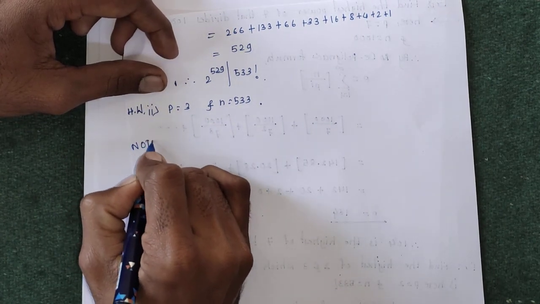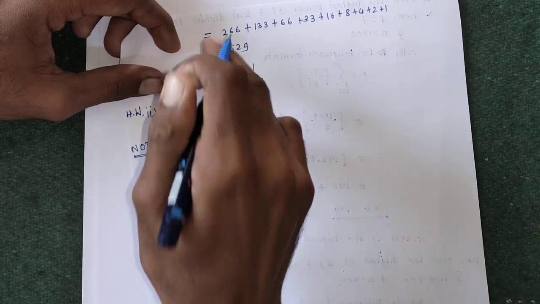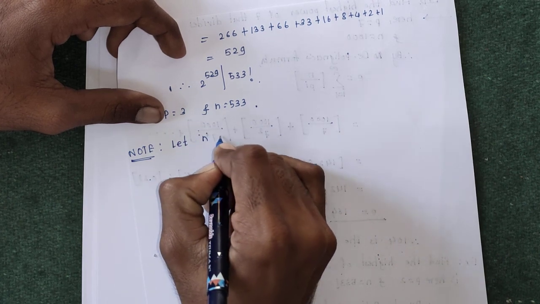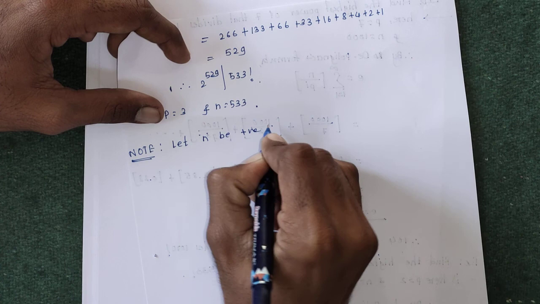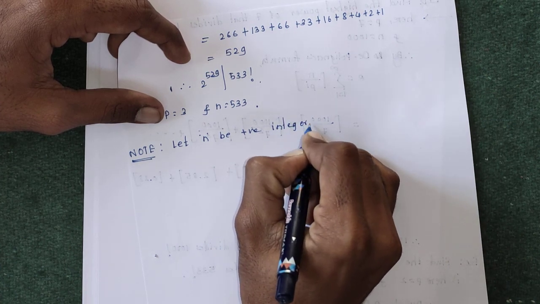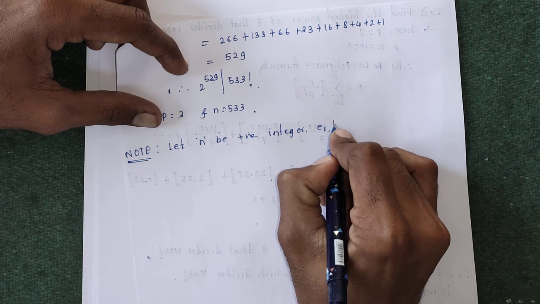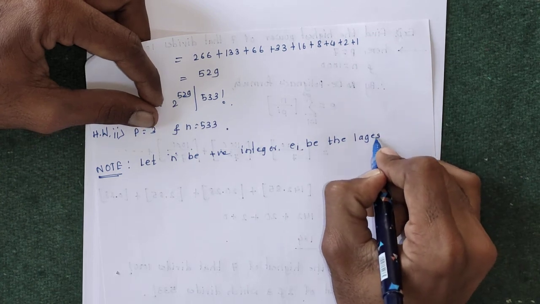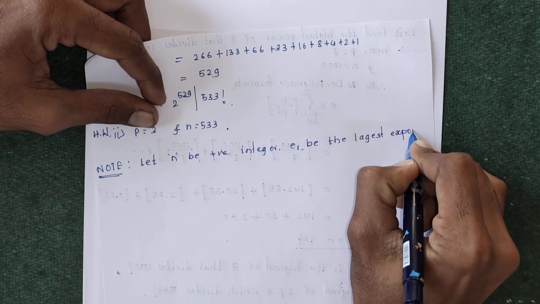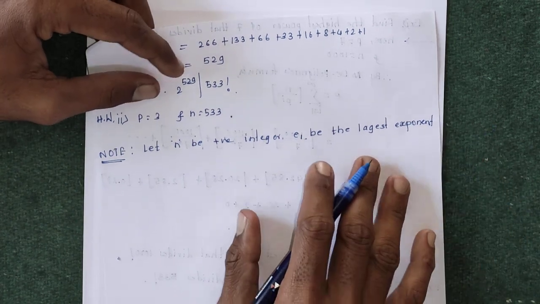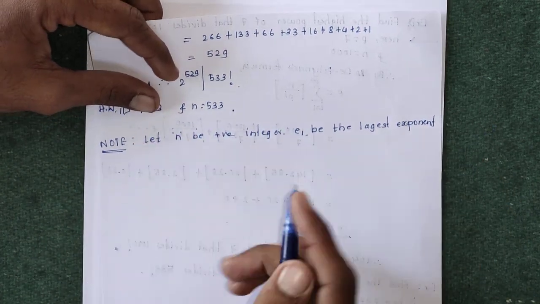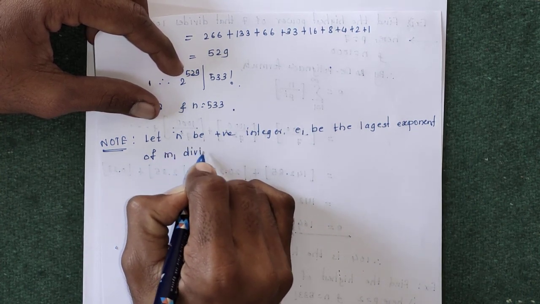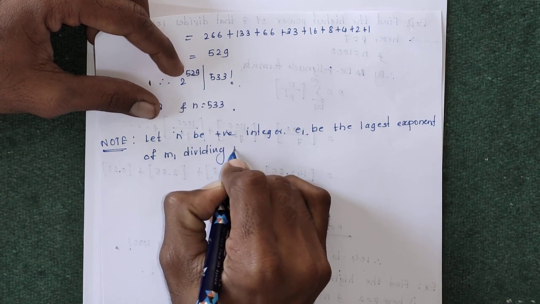We will take one note, and using this note we can solve these examples. So first of all, the note is: let n be a positive integer, and let e1 be the largest exponent of some m1 dividing n factorial.